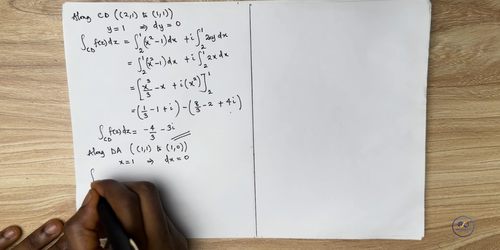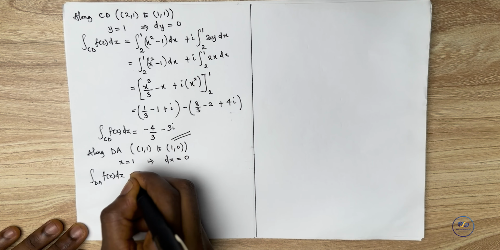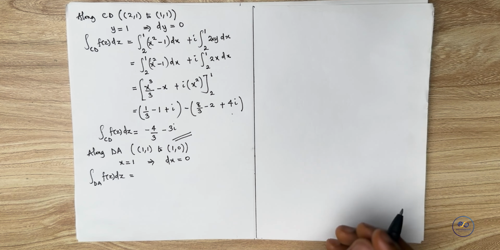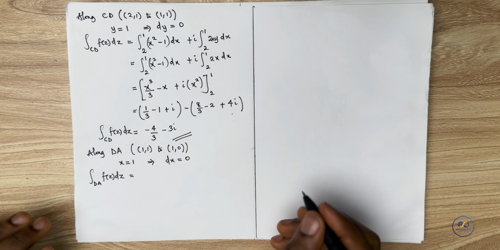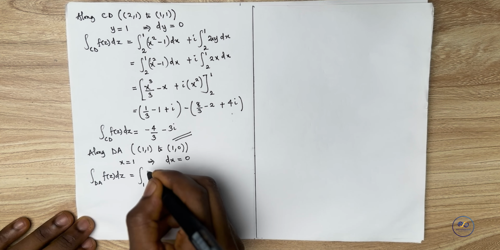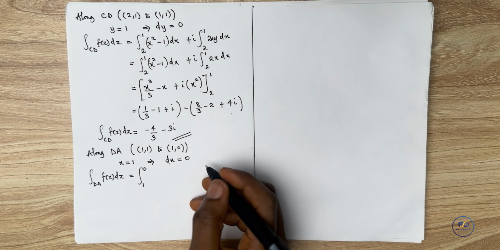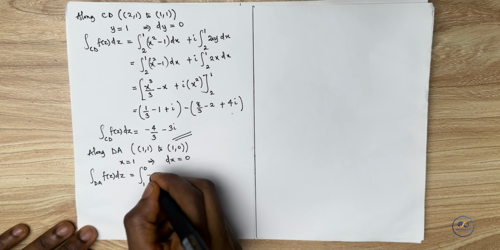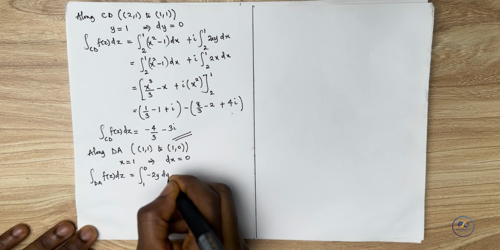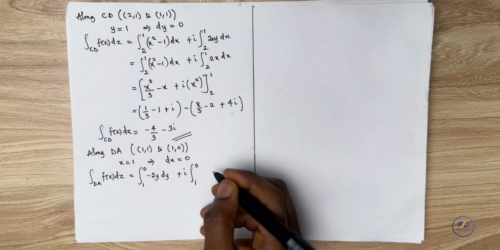It means that the integral along DA of f of z dz, this time around, we'll eliminate everywhere we have dx, and only the dy part of the function will hold. And then y goes from 1 to 0. So we have the integral from 1 as lower bound to 0 as the upper bound, and the function remains minus 2y dy plus i times the integral from 1 to 0.